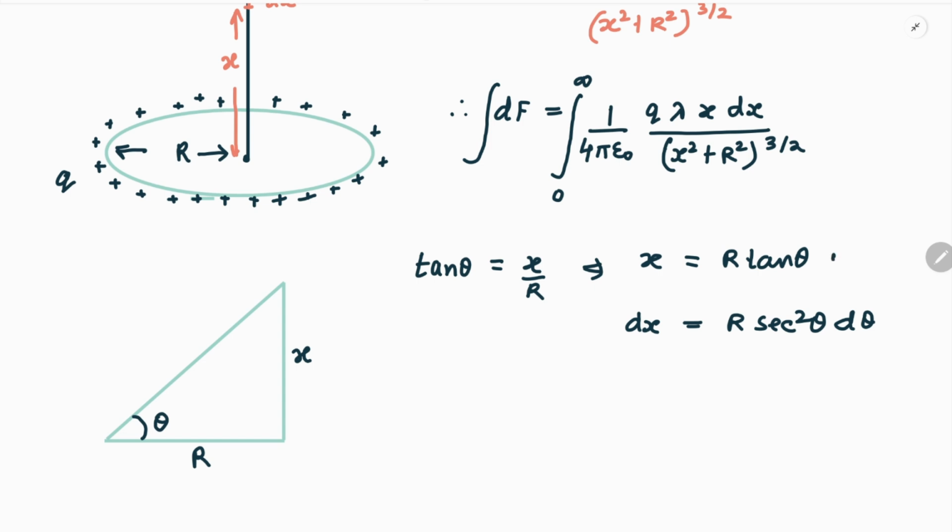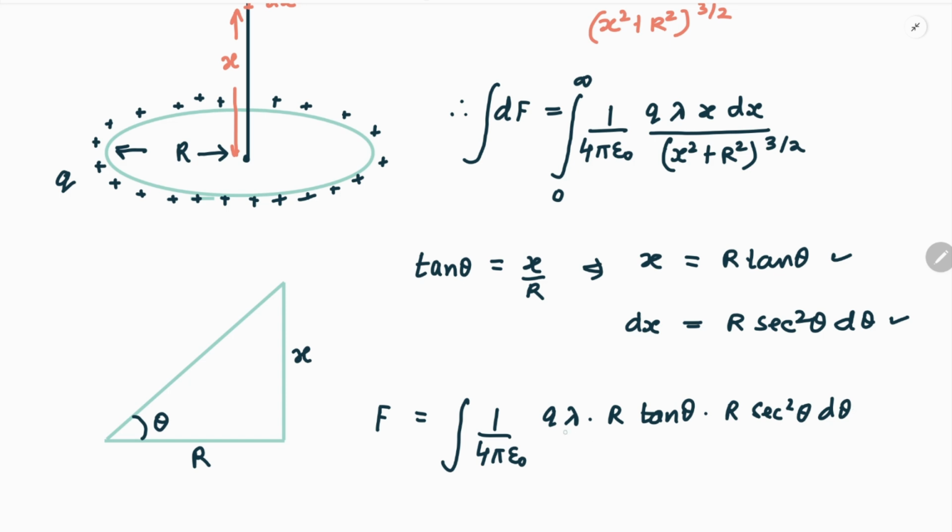If I use this value of x and this value of dx in the above equation, we get F equals integration of 1 upon 4 pi epsilon naught q lambda, x can be written as r tan theta, dx can be written as r sec square theta d theta, upon x square plus r square, that is r square tan square theta plus r square, to the power 3 by 2.